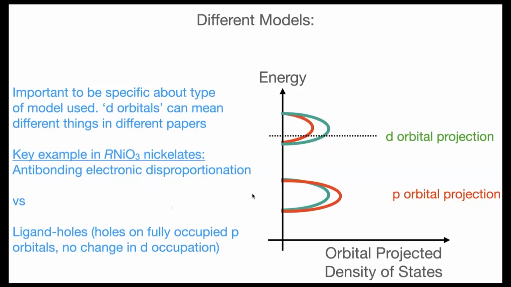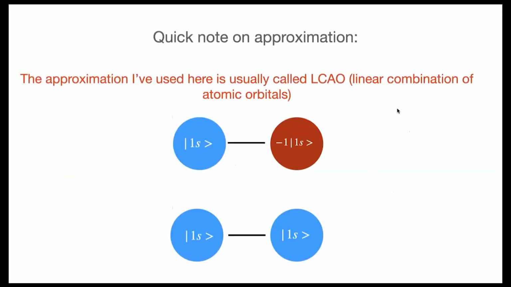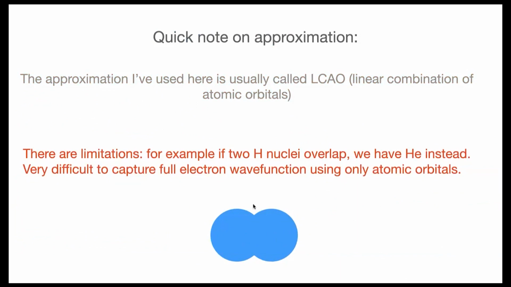Anyway, I should keep in mind that I've used basically an LCAO approximation. Obviously, if you move atoms really close together, this idea that you have linear combinations of atomic orbitals stops being true. The helium s orbital is very different from a hydrogen molecule bonding orbital. So this is a simple image of this.